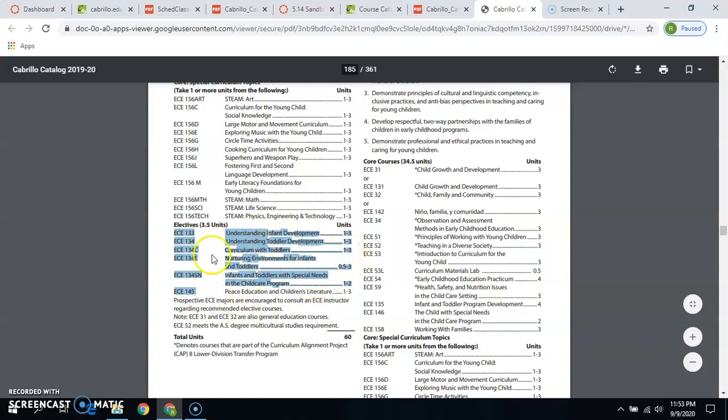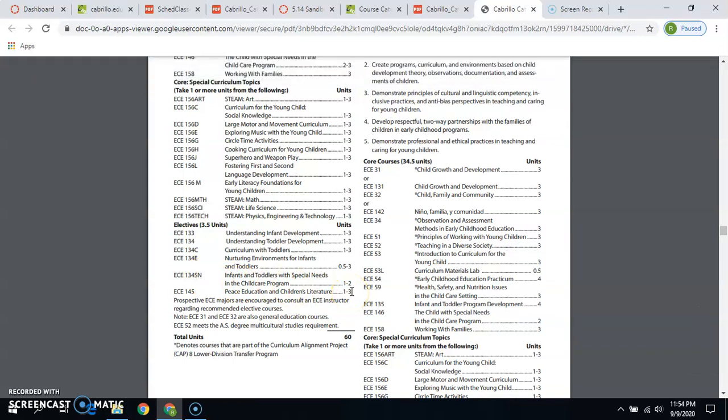So let's say, for example, ECE 133 happens to be 3 units from one semester, then the student would have to pick one other course to make up that 0.5. Or maybe ECE 134 is 2 units and ECE 134 SN is 2 units. That would be perfect. The student would be over by half a unit, which is okay. So at the end, the grand total would be 60 units.